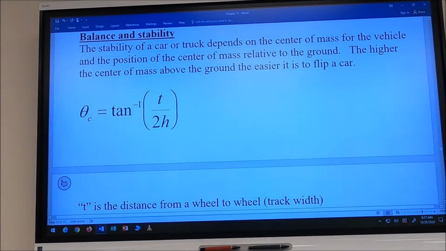Now, when we're looking at torque and rigid bodies and rotational motion, one of the things we can talk about is the stability of a car or a truck or an SUV. The stability has to do with whether or not the car will roll over.